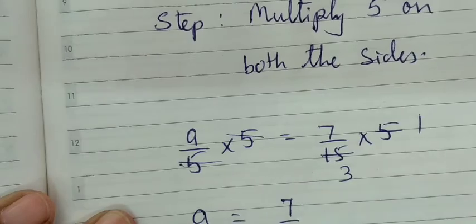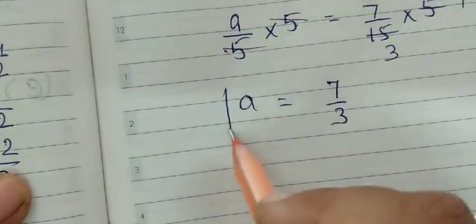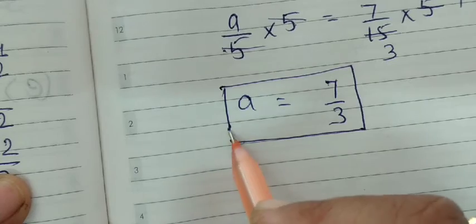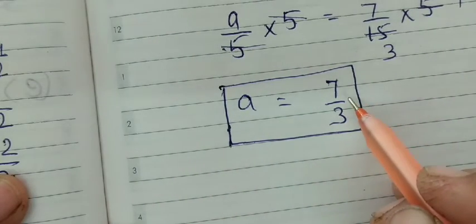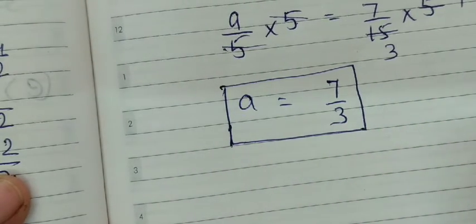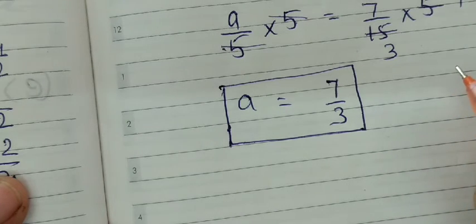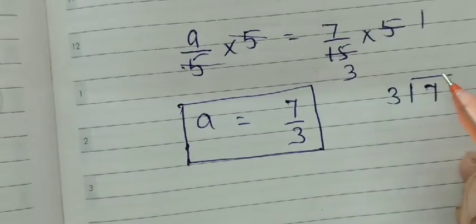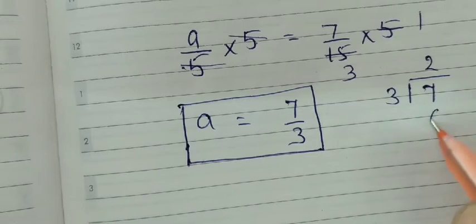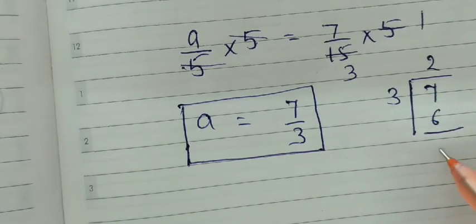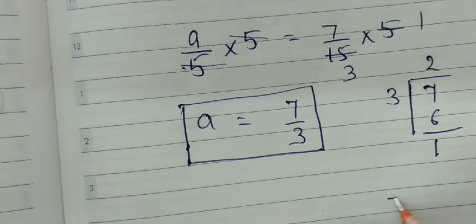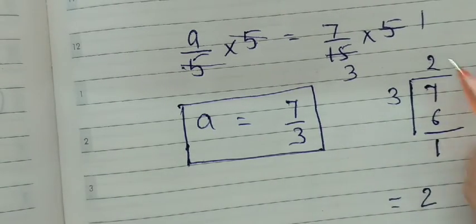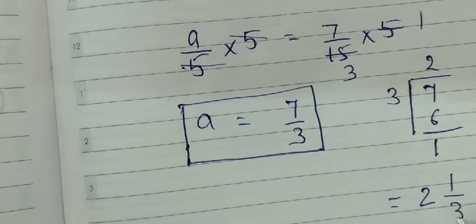So now we have 7 upon 3. You can leave the answer like this, or as it is an improper fraction, you can further divide and get the answer in a mixed fraction or mixed number. 7 divided by 3: 3 twos are 6. 7 minus 6 is 1, and so the answer will be 2 integer 1 upon 3.